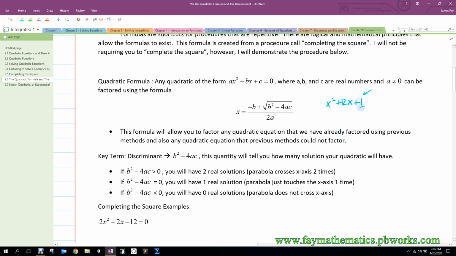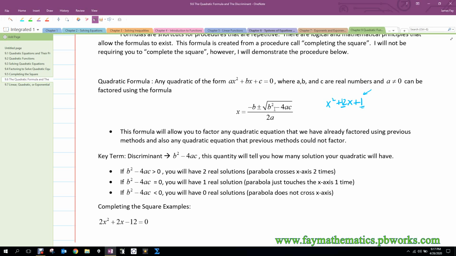If I ask you what numbers multiply together to give me 1 and add up to give me 12, there are no numbers that do that. So that technique would have failed us in regards to factoring. Now with the quadratic formula, we can actually factor this. We plug the a, b, and c values into our formula, and we get our factored form.